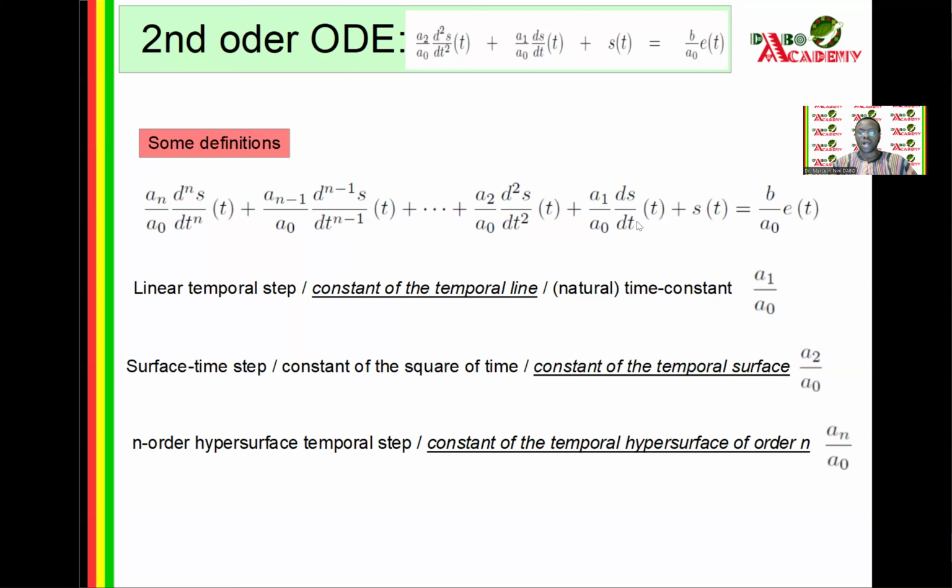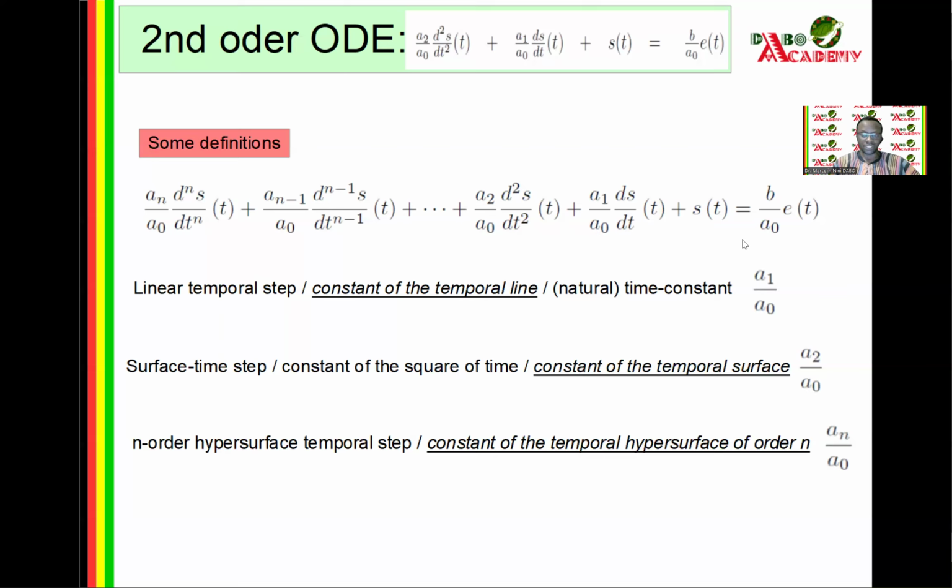And then, why do people talk about static gain in control systems? It is because all this expression from here, from the first derivative to the nth derivative, when we reach a permanent state of the system, meaning no more variation, or very teeny variation, we consider that they are equal to 0.